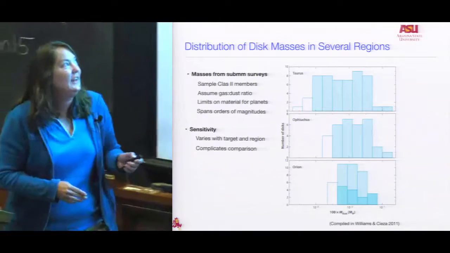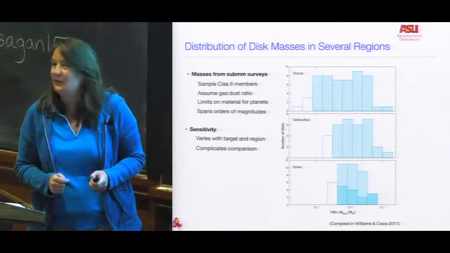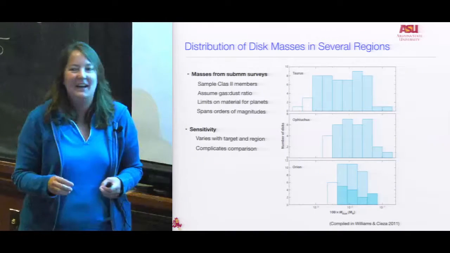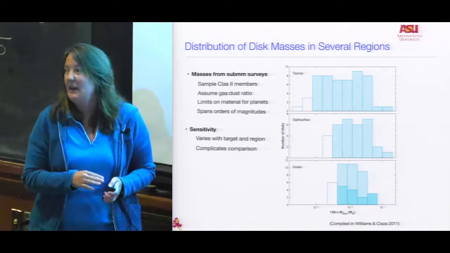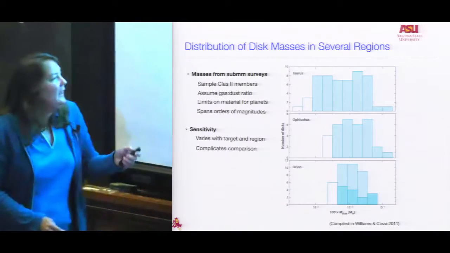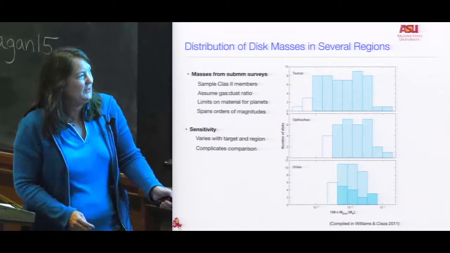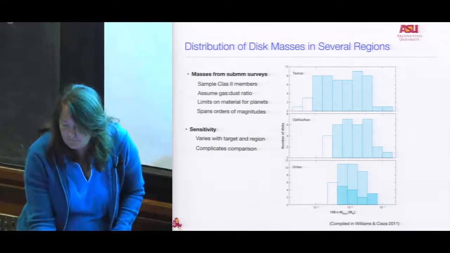And so what you see is an intriguing trend: quite a wide range of disk masses. So it's not that everything starts off at a common starting point. Even for objects of the same age, you can see a span. Each of these ticks is an order of magnitude, so there's quite a substantial range.